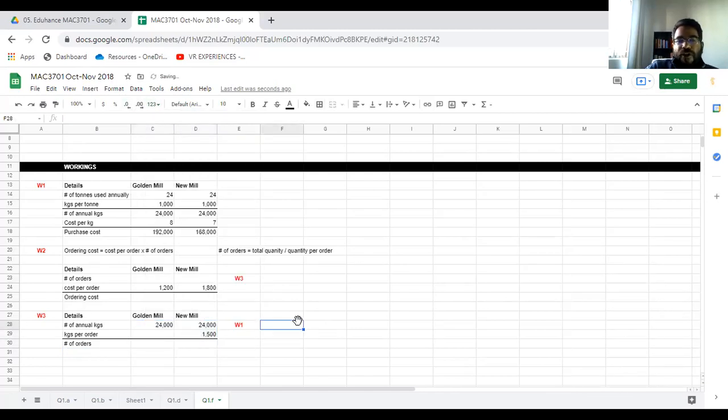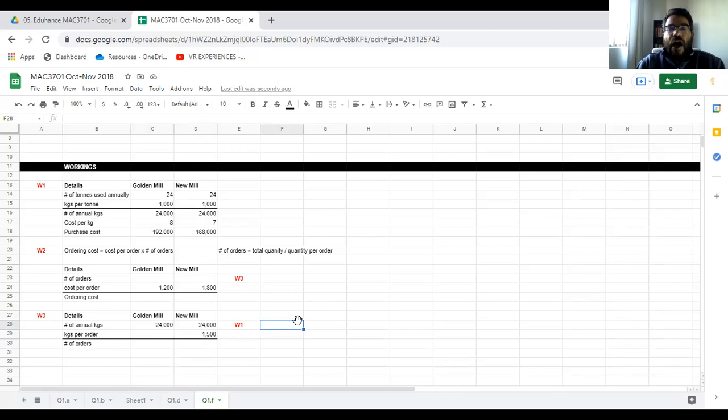With golden mill, they're not telling you how many kgs per order.